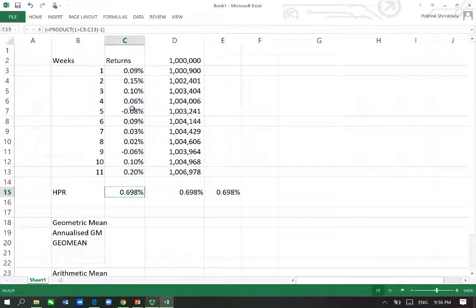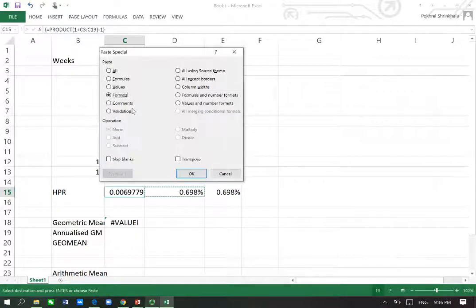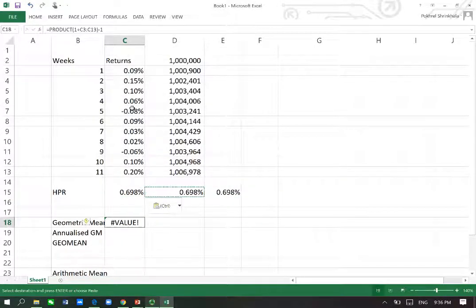Okay, so that then basically means I can simply copy this, paste it here, and therefore remember, if I don't do Control Shift Enter, the value disappears. So Control Shift Enter is very important, and I'm just going to change the format into same.